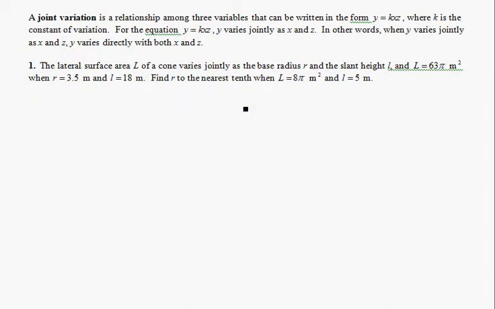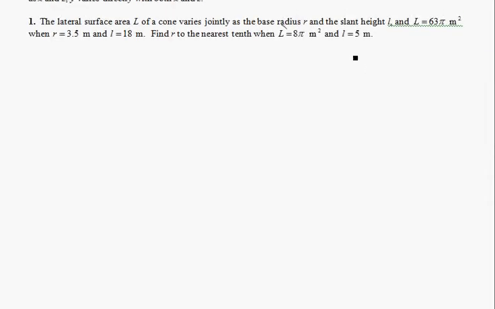Find the radius to the nearest tenth when L equals 8 pi square meters, that is, the lateral surface area, big L, equals 8 pi square meters, and the slant height, little l, equals 5 meters.